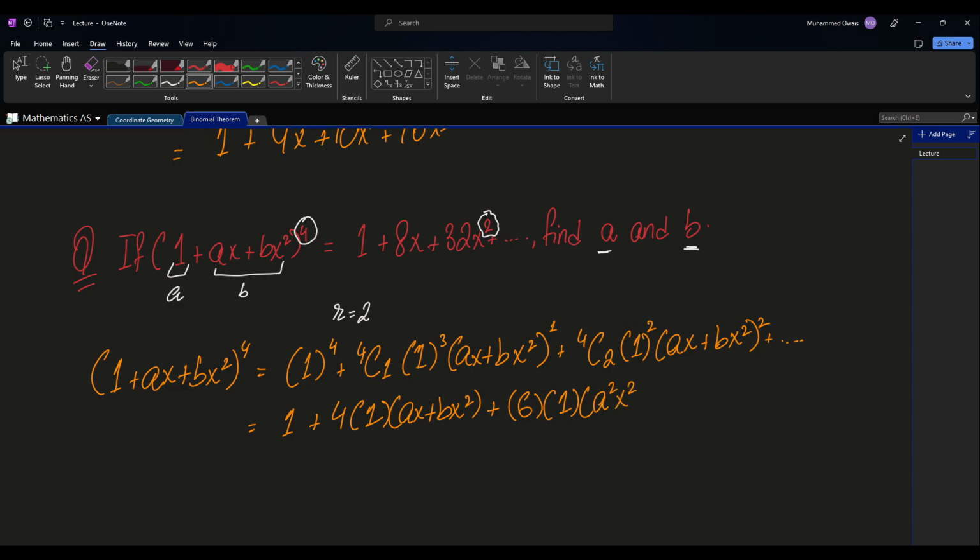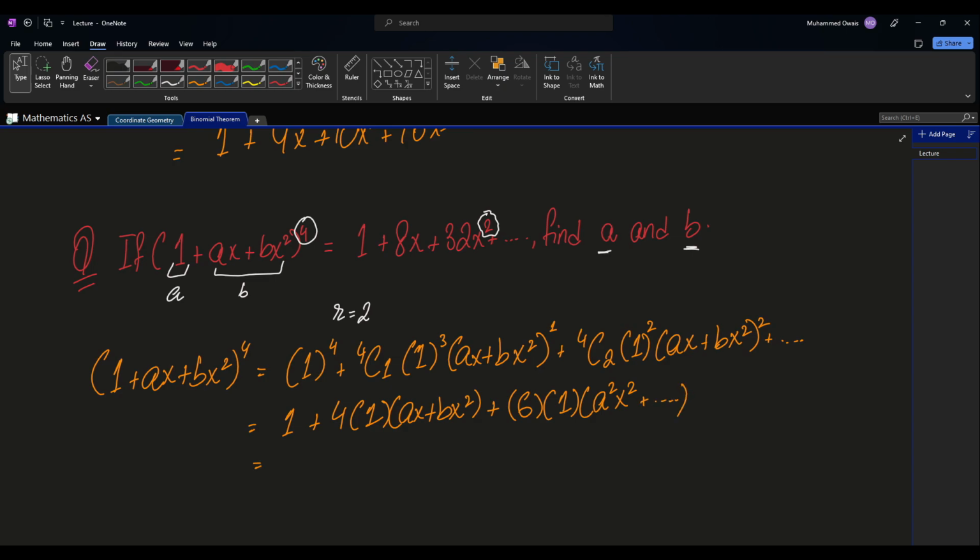Now then, this gives us 2 into ax into bx square. As you can see that when we resolve this, we will get an x cube value. So we do not need to resolve this as our limit is still square. Same for this. Here bx square will have a whole power of a square, and this would result in an x⁴, and we do not need an x⁴. Therefore, we will not be expanding this fully. We will only expand it till here.